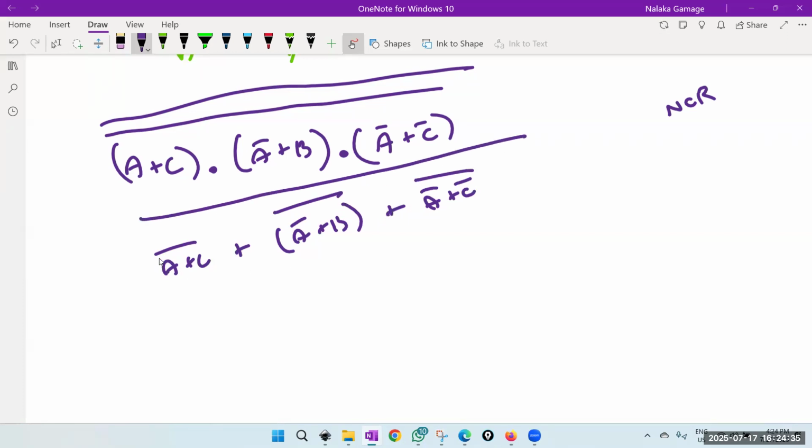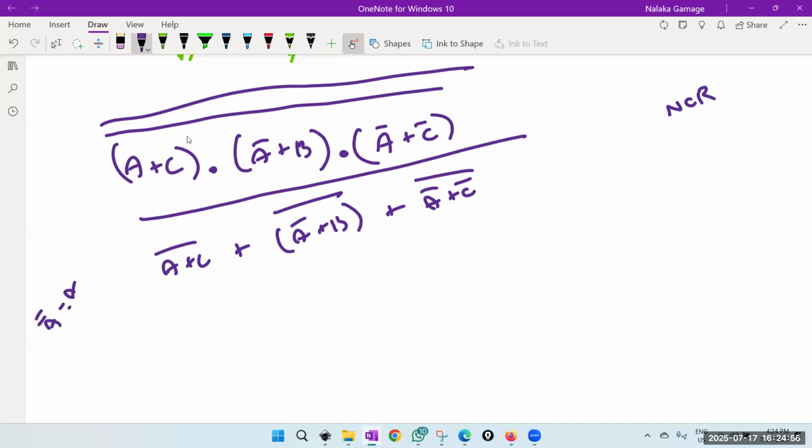Now this is a NOR gate, assuming you have the bars, and this is a 3 input NOR gate. Remember I told you that the two rules I will always use are A bar bar is A and De Morgan's rule.